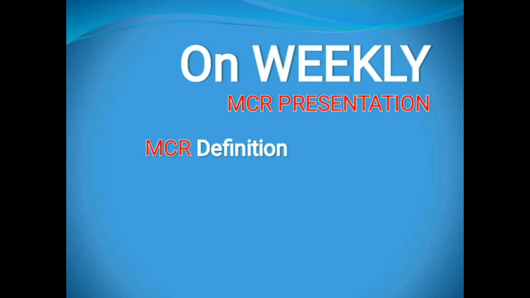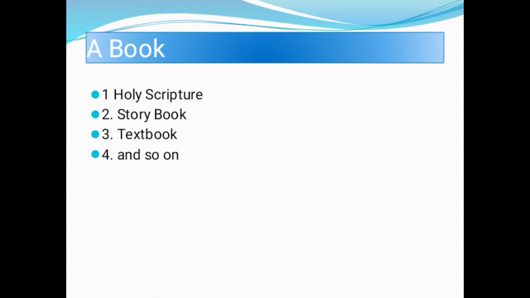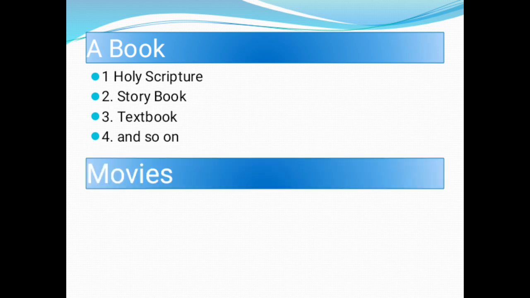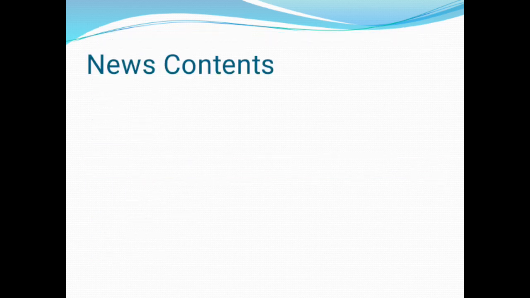There will be MCR definitions. We'll look at MCR maturity investigation. We'll investigate the Holy Scripture. We'll investigate a storybook. We'll investigate a textbook. We'll look at so many other things. We'll investigate movies. We'll do a maturity investigation of movies. These movies can be religious movies, they can be secular movies, they can be romance, scientific movies, and then news content.